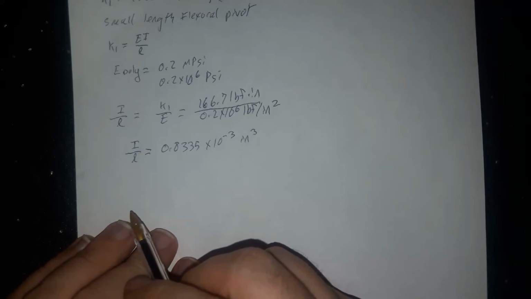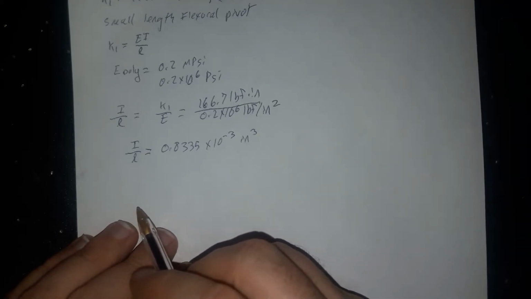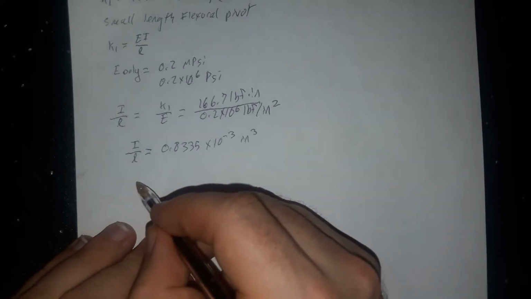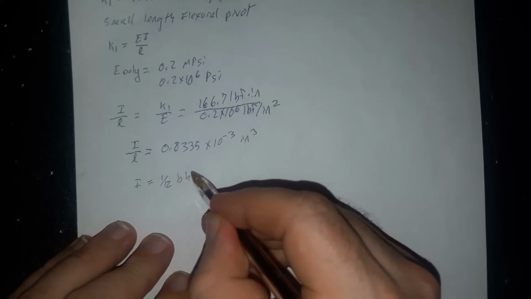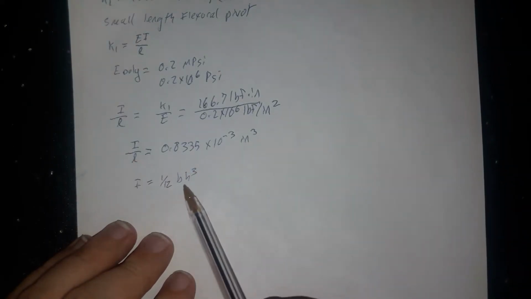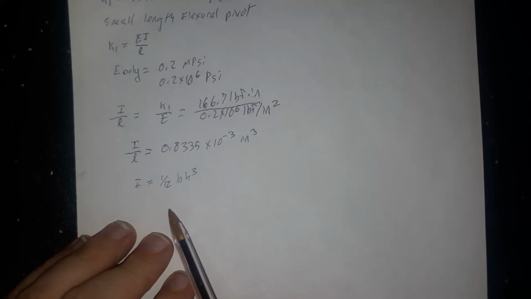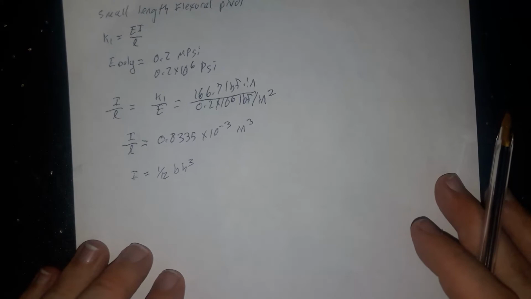And so once again, I have to make some decisions about what this thing is going to look like. If it's a rectangular cross section, then I equals 1/12 BH cubed. Okay, and so I have L and BH cubed. I've got 3 values there that there's not a lot of constraints on how those relate to each other.